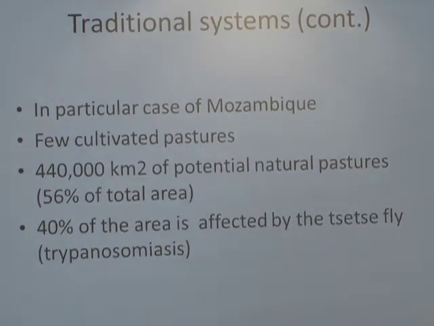In the particular case of Mozambique, we have few cultivated pastures and 440 kilometers of potential natural pasture. 50% is the total area of the pasture. It's natural pasture. 40% of this area is affected by tsetse fly.